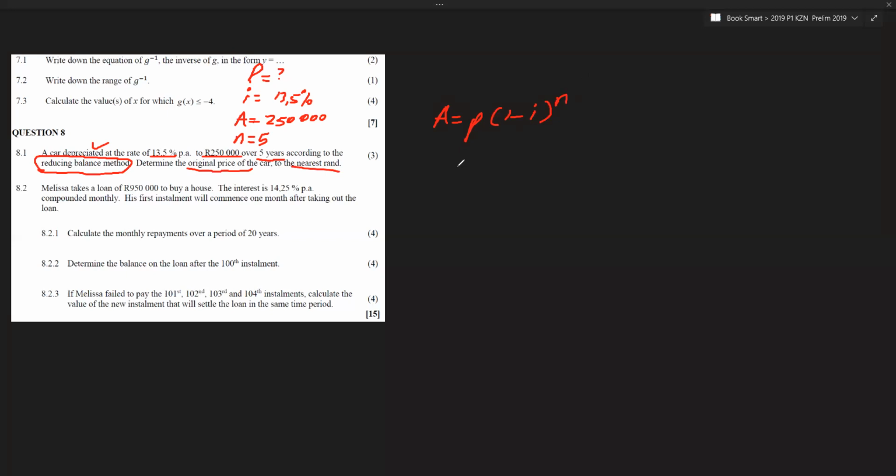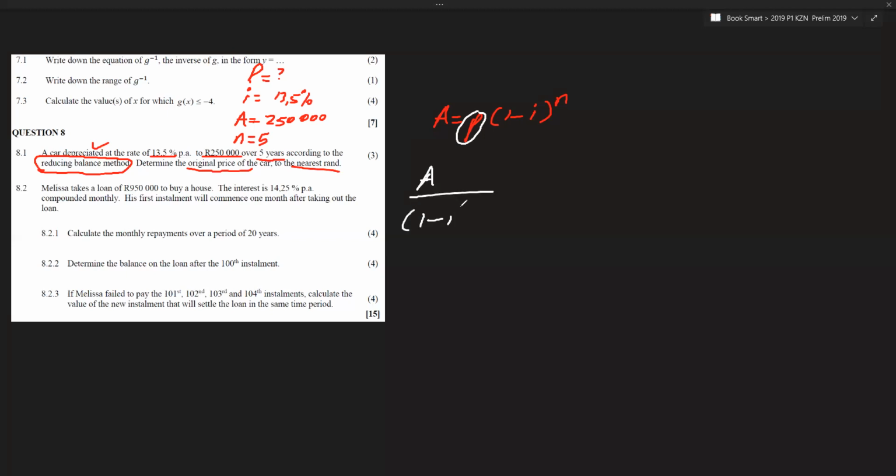Okay. So I'm going to substitute now. But before I do substitution, ladies and gents, I usually like to highlight what I'm looking for. Obviously, this bracket needs to go away. But it's multiplying P this side. It's multiplying what I'm solving for. So for it to go that side, it has to divide.